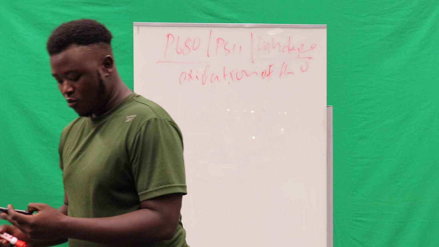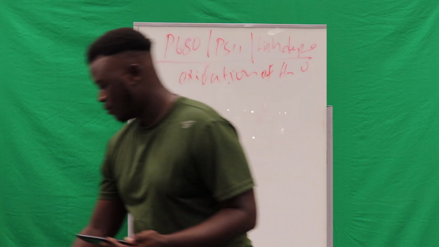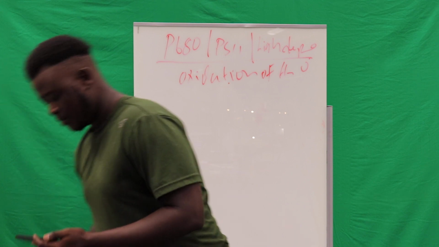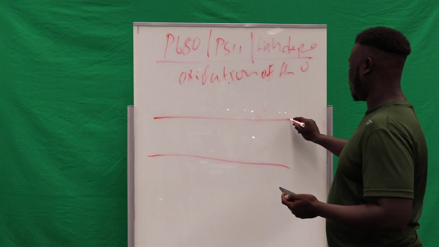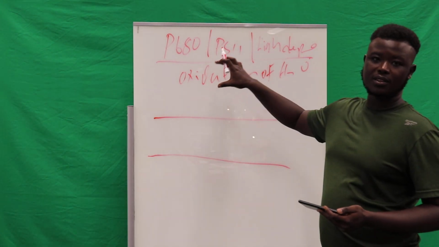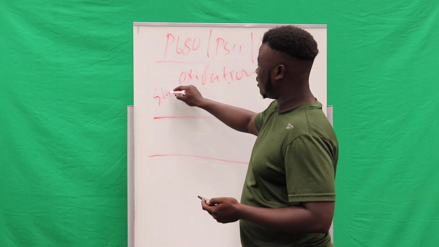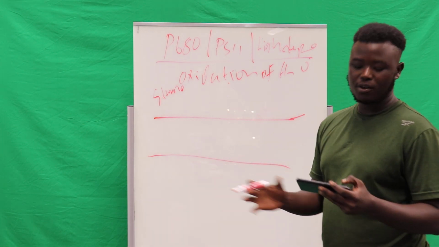I'll first describe the plant cell. This is a much more microscopic version of the thylakoid that I drew. This is the thylakoid. This is the stroma that I drew earlier, but this is more of a microscopic version.